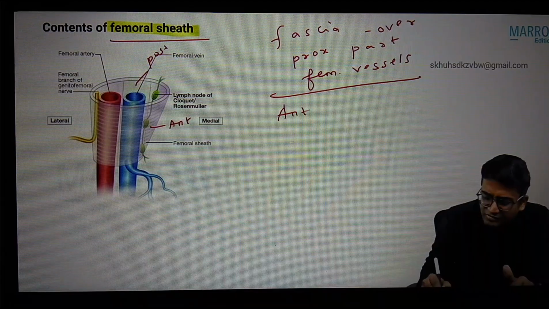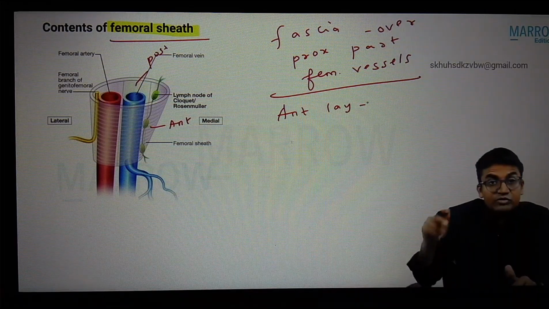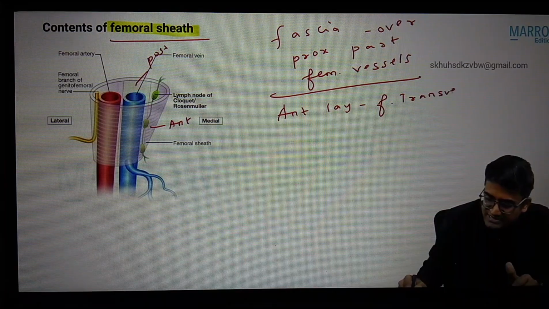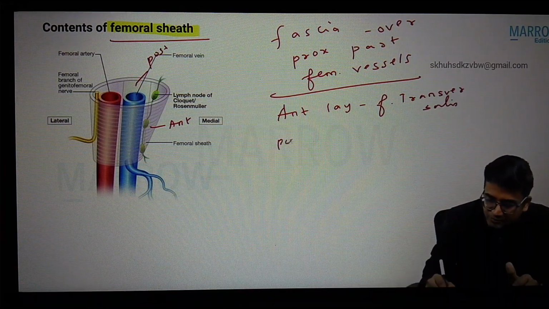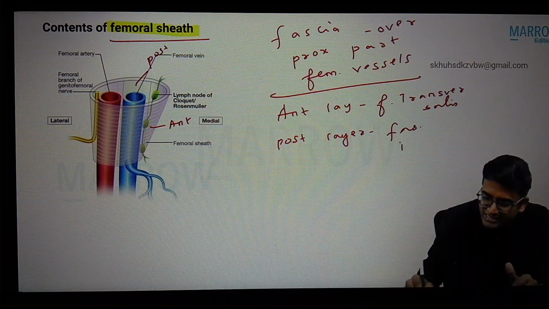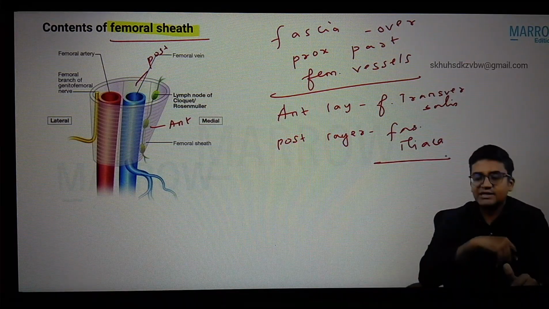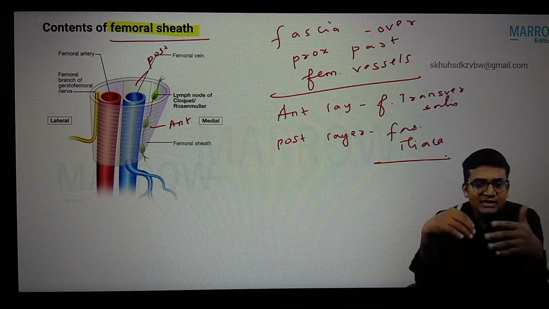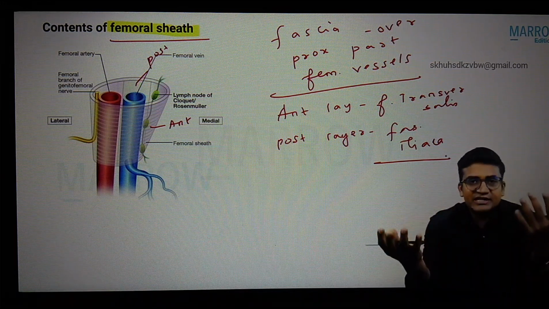The anterior layer of the femoral sheath is coming from the fascia transversalis, and the posterior layer is coming from the fascia iliaca.